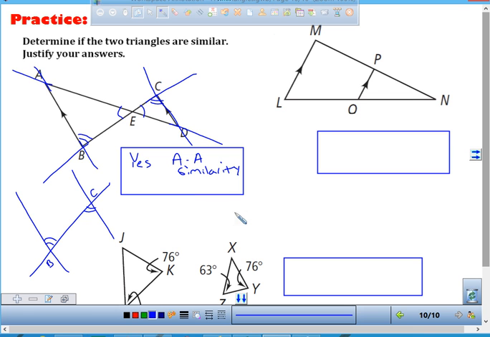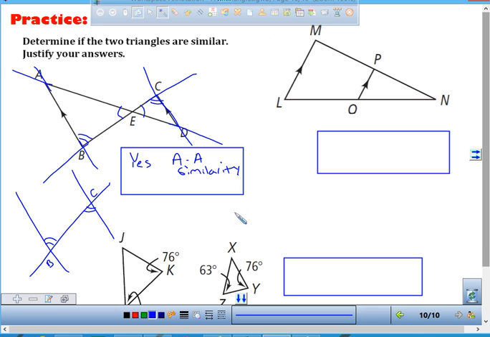Okay, how about the next one? We have two triangles, one inside the other. Okay, so you see our big one is LMN, and our little one, PON, or OPN. Okay? Do you have one pair of congruent angles? Well, what's the easiest one to say is congruent?